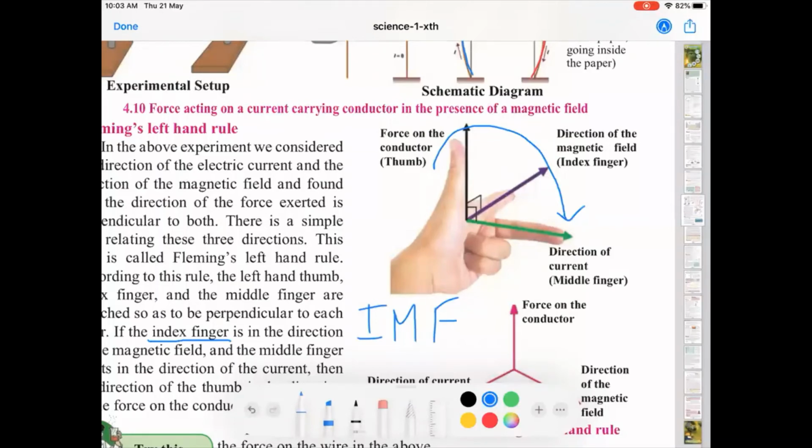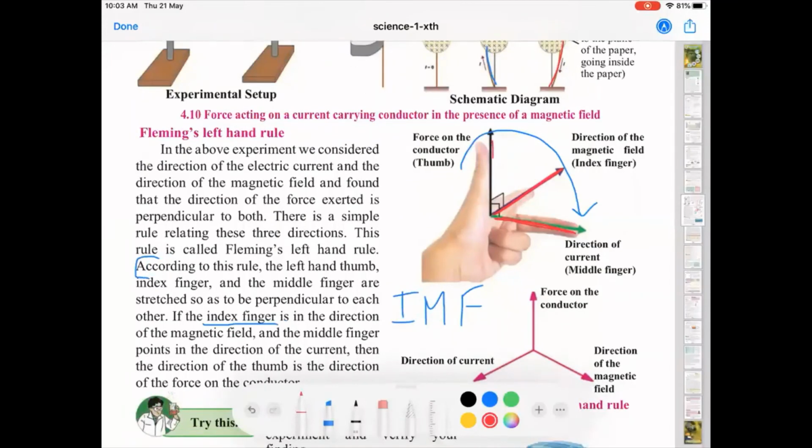Then if the index finger is in the direction of the magnetic field, the middle finger is in the direction of the current, then the direction of the thumb is the direction of the force on the conductor.